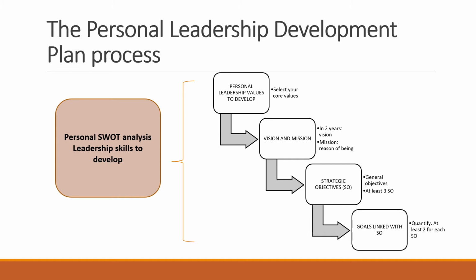Okay, you began in one of the steps writing a vision and a proposal, but now you have to refine it and write down your vision. Your vision must have some elements that we've been talking about. The first one is that the vision needs to have the leadership skills or values you want to develop.